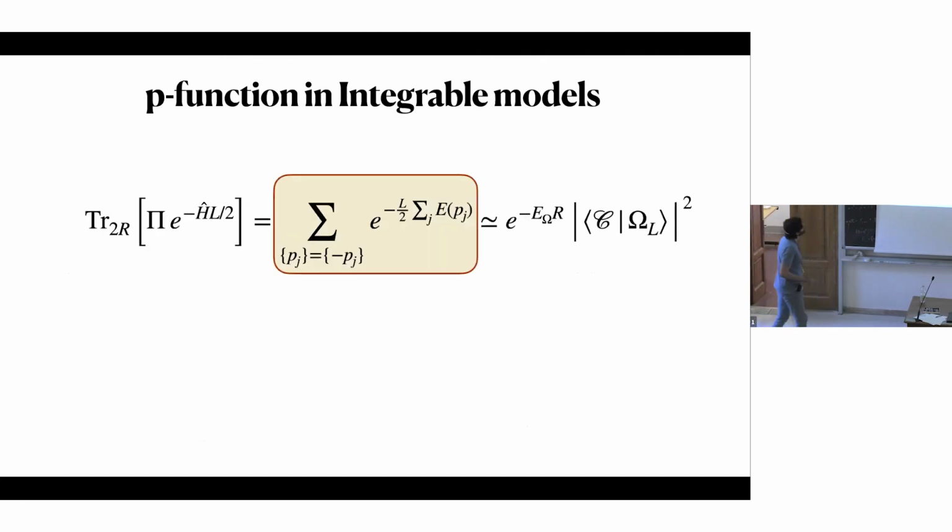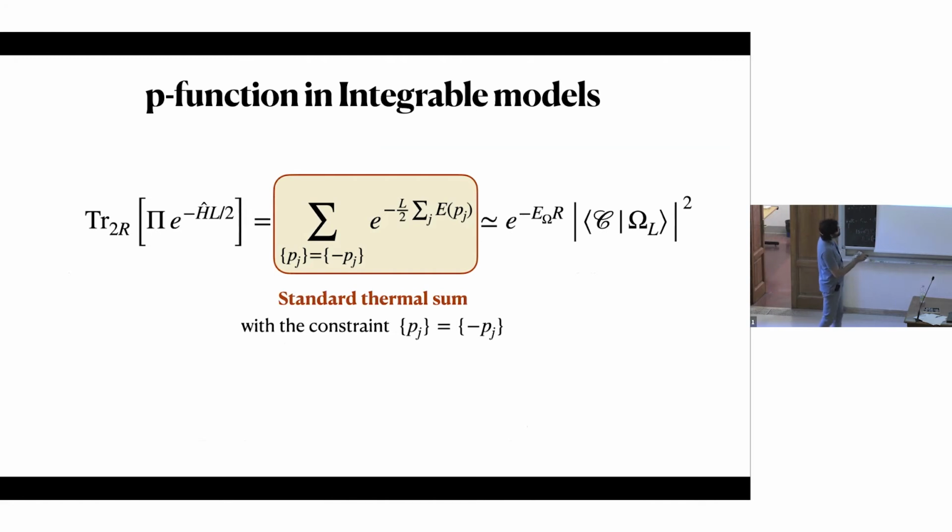This trace gets reduced to a sum over these terms under this condition, and that's equal to the quantity that I want to compute. This is more like a standard thermal sum, except that you now have this constraint that the set of momenta is invariant under reflection.